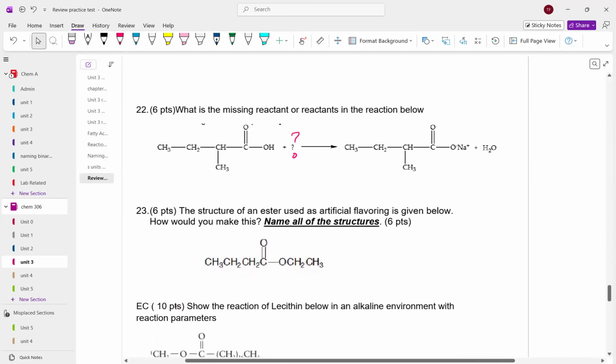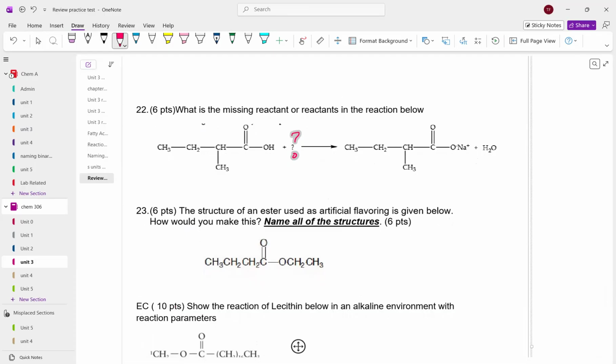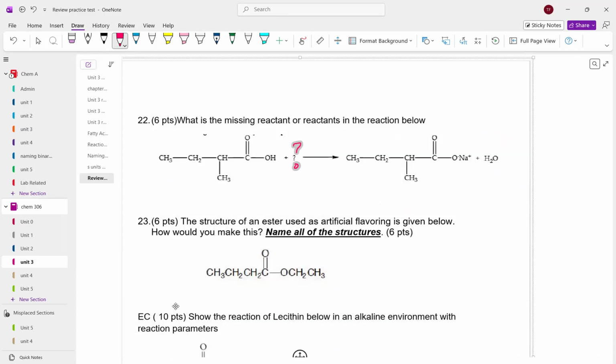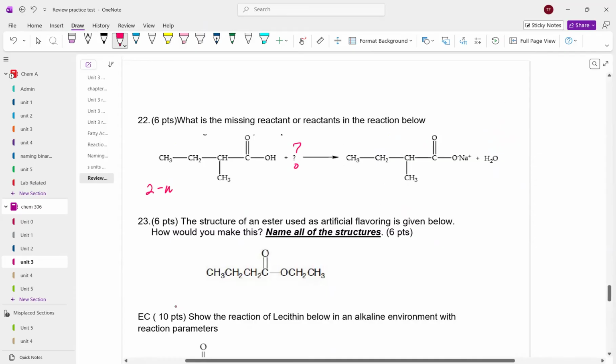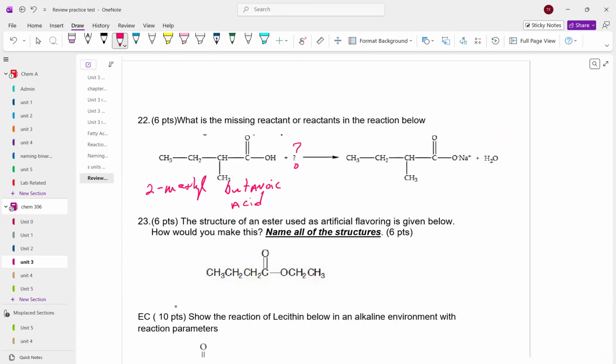Okay, so what's going on here? What's happening to that acid? What's happening to it?